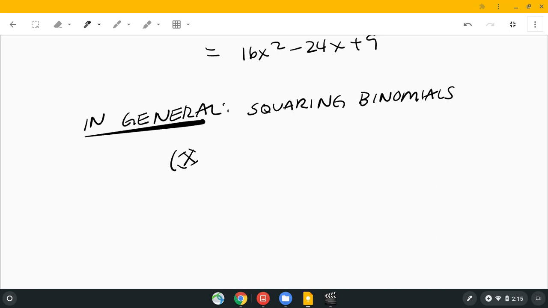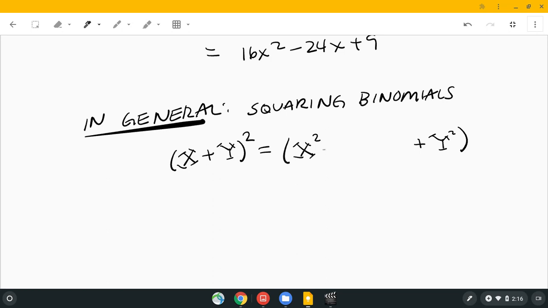But whatever that first term is, plus whatever this term is, it's funny looking y. Okay, and again, that y could be a 3n or a 5b. But when you square this binomial, it turns out that this is just going to end up being a trinomial where you square that first term, and down here, you're going to go ahead and square that second term.